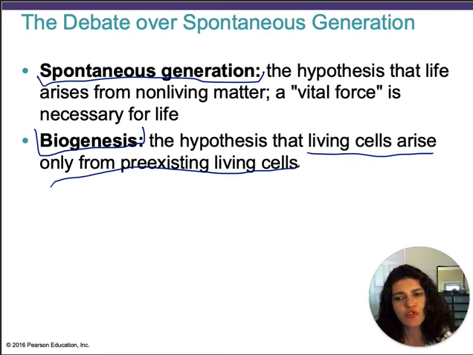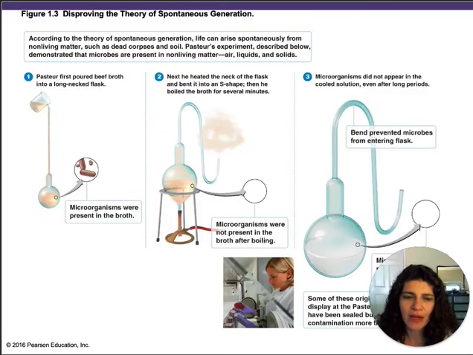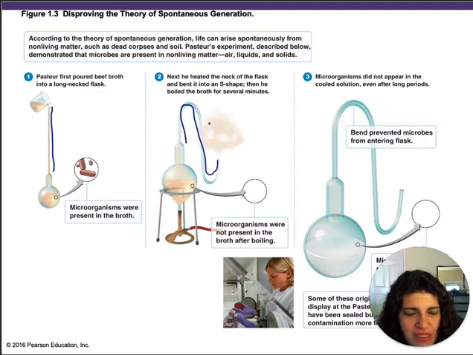So to be able to prove this to a bigger audience, he decided to use this experiment here. He had a flask with a very long neck. He added a broth. He heated the flask neck to be S-shaped. You see how it's like the shape of an S? And he heated the broth inside the flask.